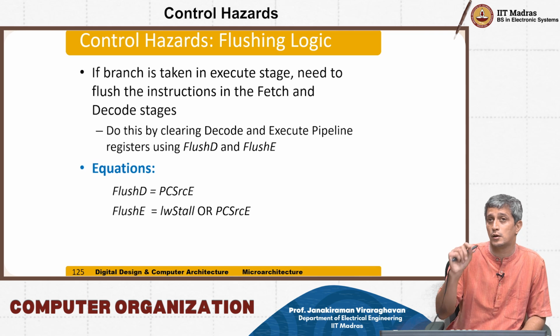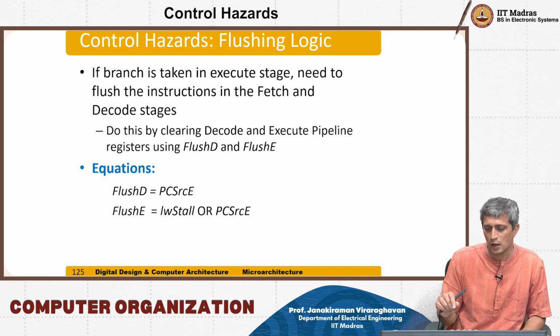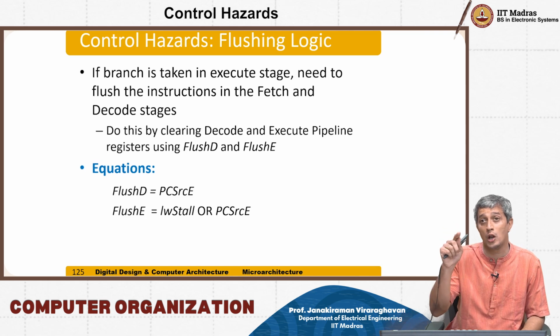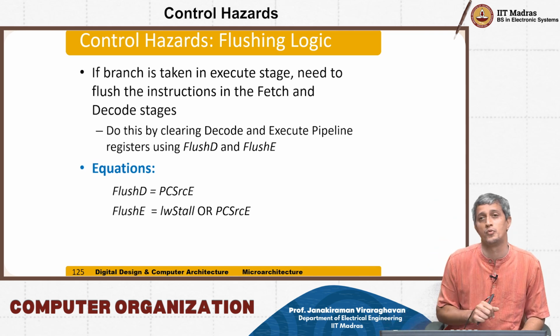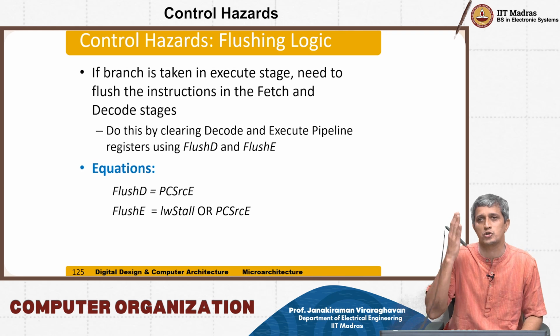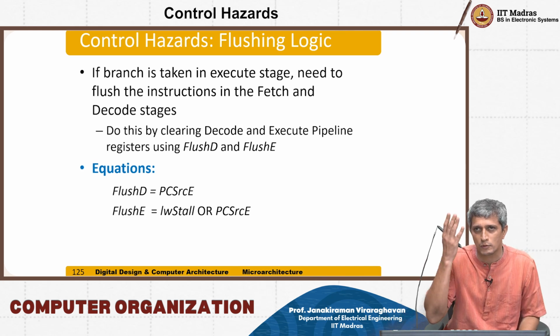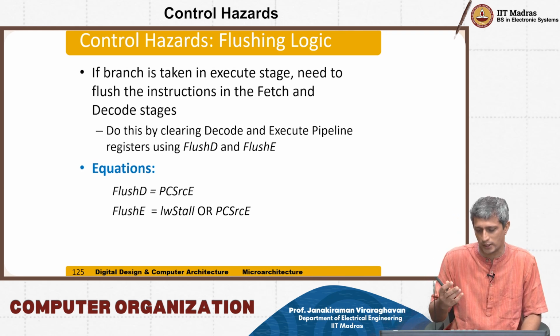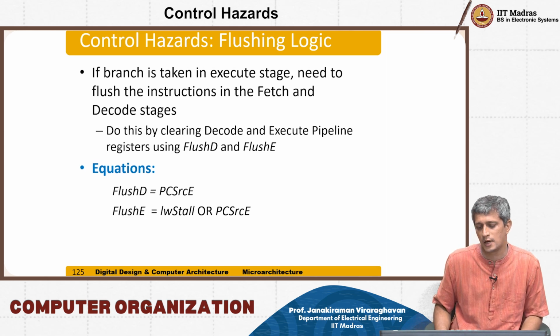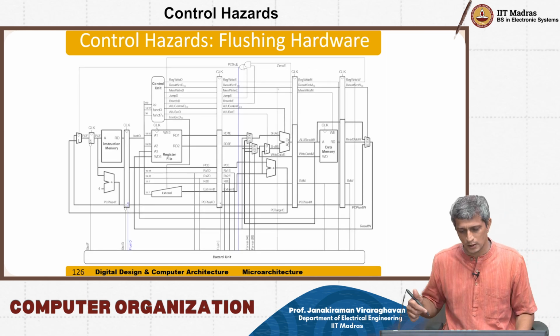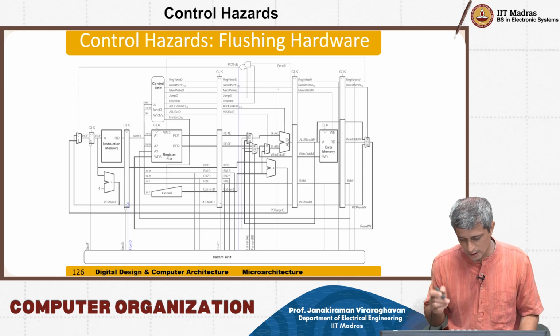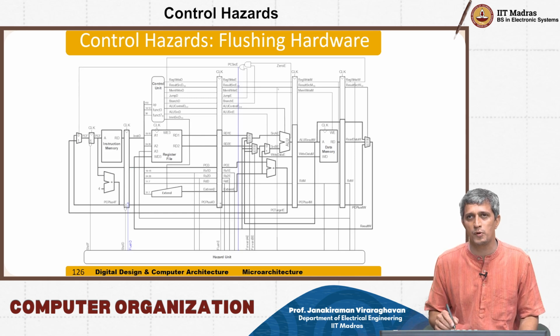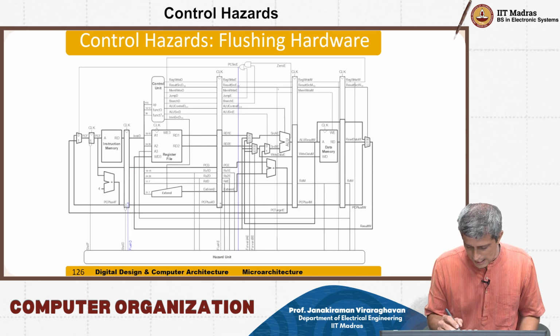It is basically either PC source E has gone high, or you want to stall because of the load word. You remember in the load word we had to stall a cycle, so you couldn't do anything, you just had to stall it, and that's why you do this flush E. So that's what is shown here. The hazard unit is going to implement this particular logic as explained here.